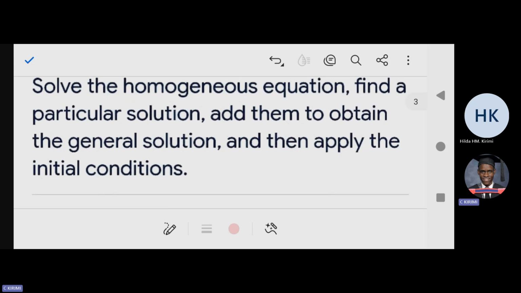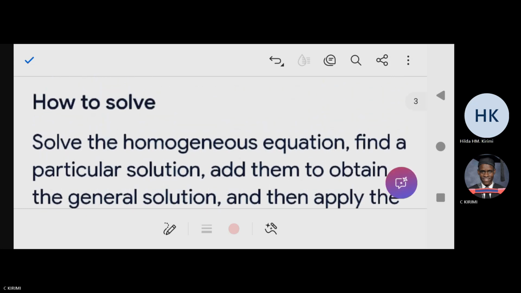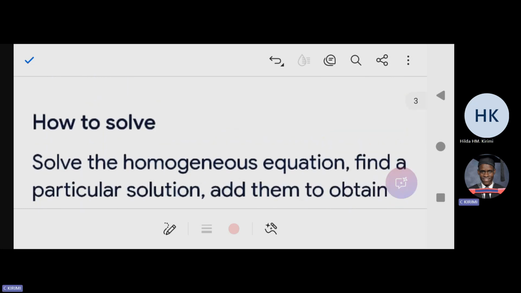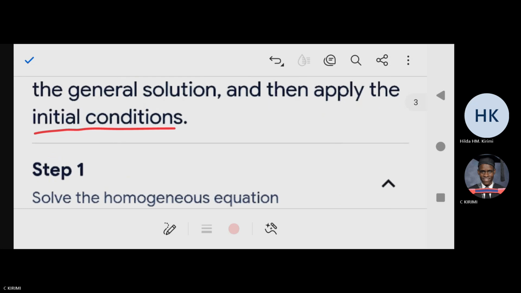The particle was at rest and at equilibrium, which means x naught is equal to 0, and dx/dt, which means the velocity, is also 0. These are the initial conditions we have talked about. Any questions so far? Yes, let's move on.